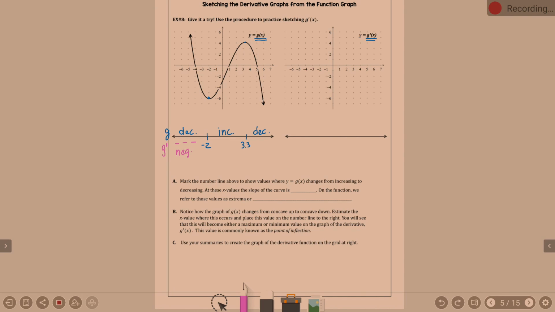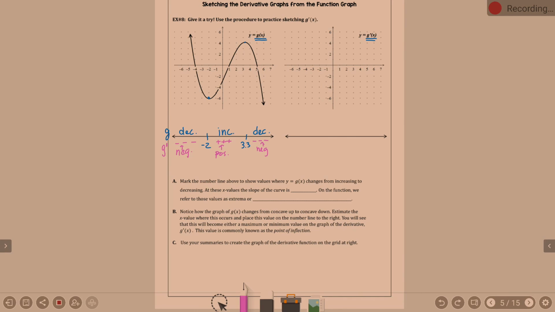An increasing graph means what kind of slope? Positive. A decreasing graph means what kind of slope? Negative. Are you with me here? I'm trying to be quick, but not too quick.